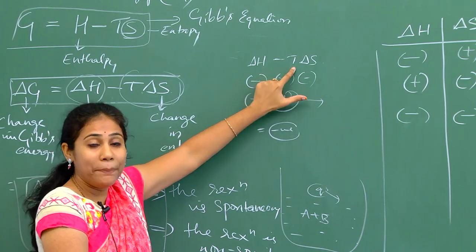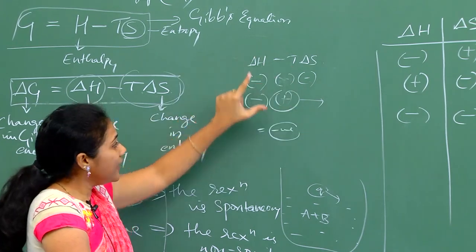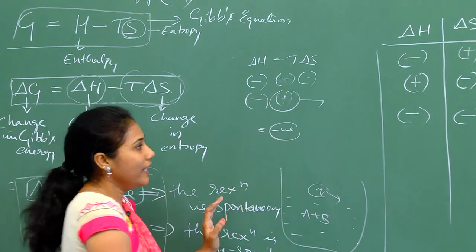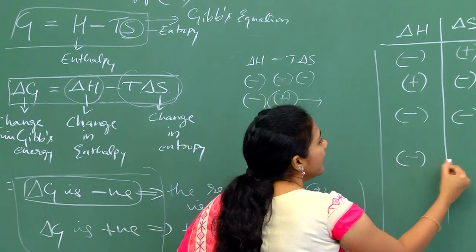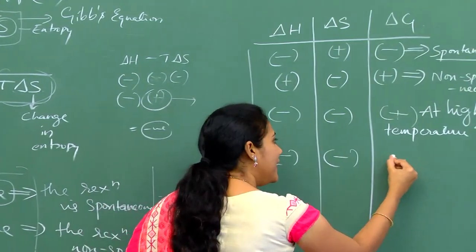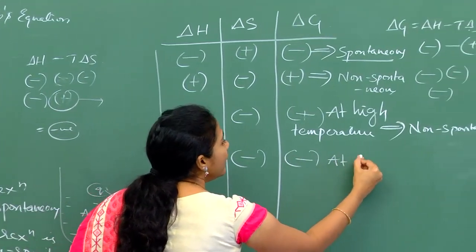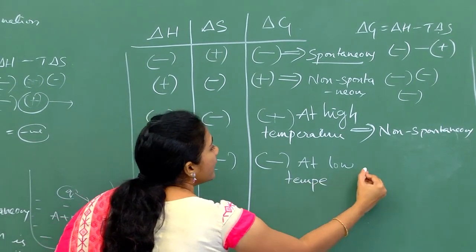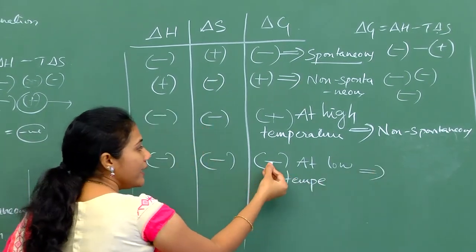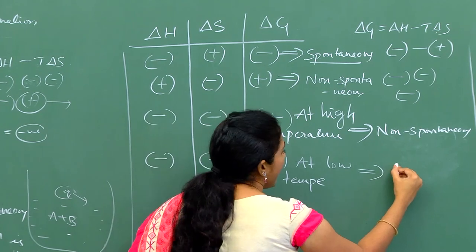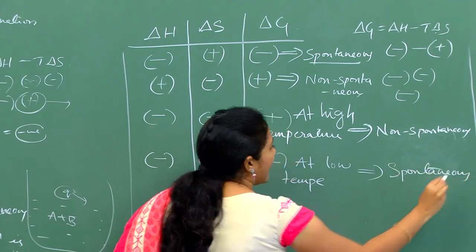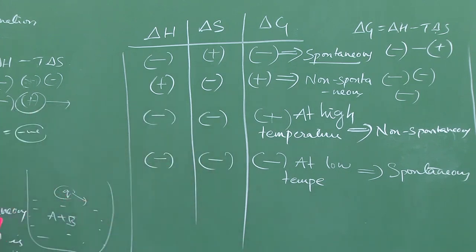Temperature decides whether you get delta G positive or negative. Okay. See, when both are negative, you can get a negative value at low temperature. So the moment you get a negative value, what does it mean? The reaction can be spontaneous. Okay.